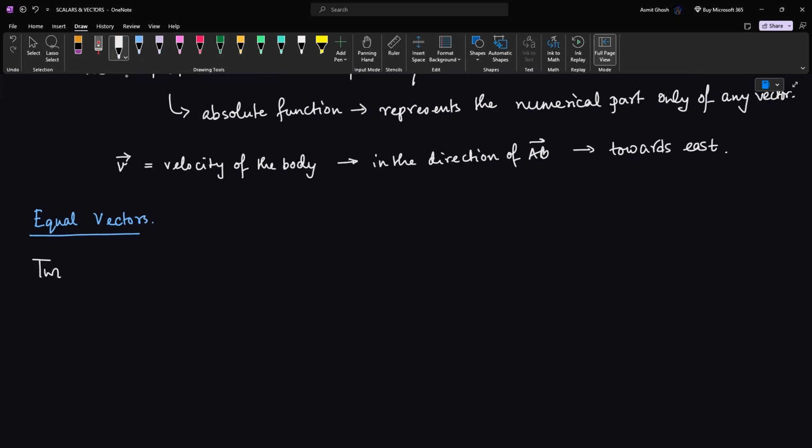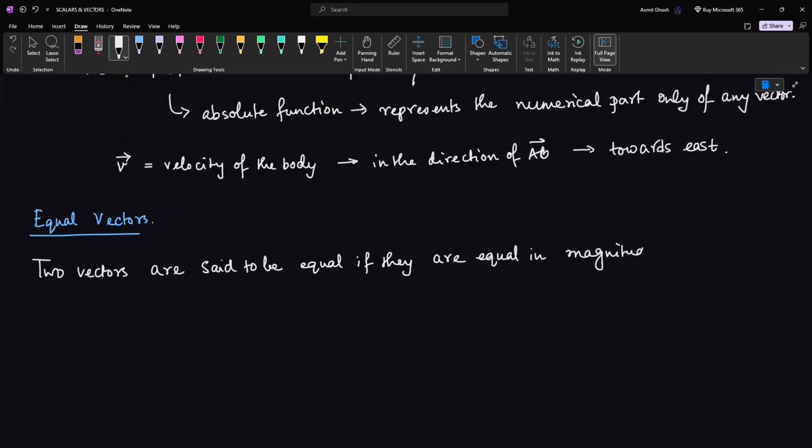Two vectors are said to be equal when they are equal in magnitude and parallel in direction.